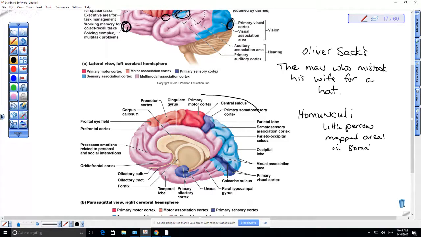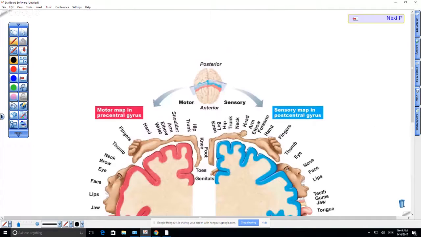They do this by looking at brain activity when you touch a part of the body. And so the homunculus is a little man, a little person that looks something like this.